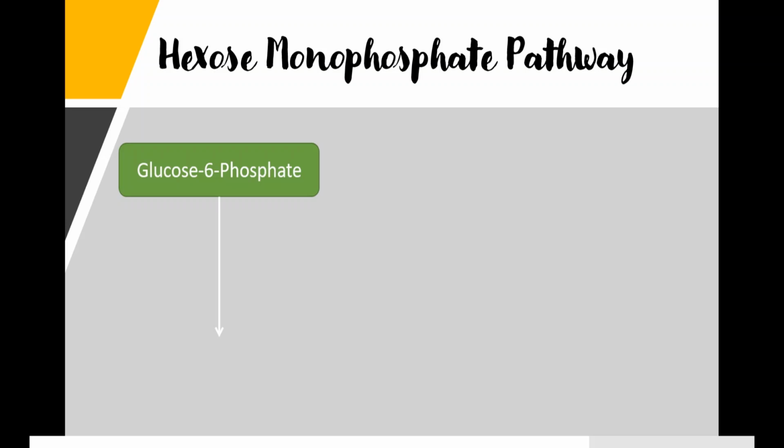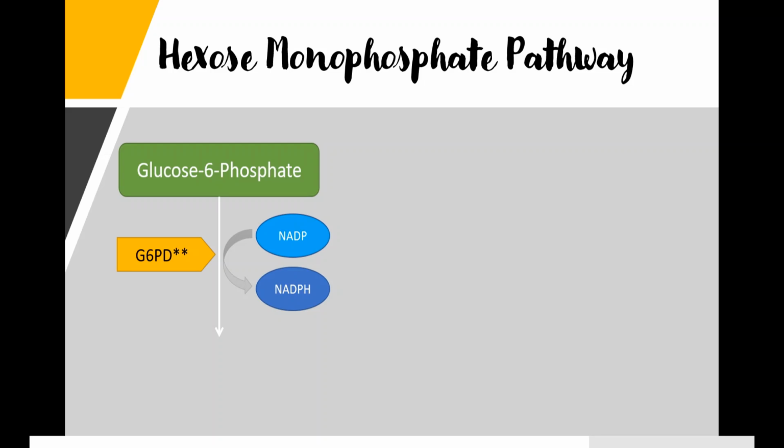Your glucose 6 phosphate in the HMP is acted upon by the enzyme glucose 6 phosphate dehydrogenase, again, G6PD. This enzyme requires the presence of NADP as its cofactor. So when glucose 6 phosphate is acted upon by G6PD, NADP becomes reduced NADPH. Now, saan galing yung H?